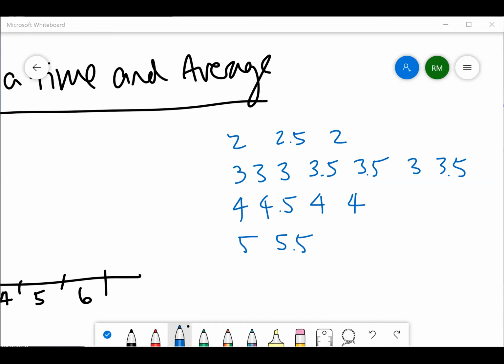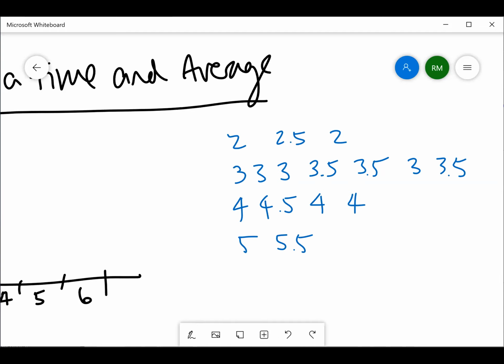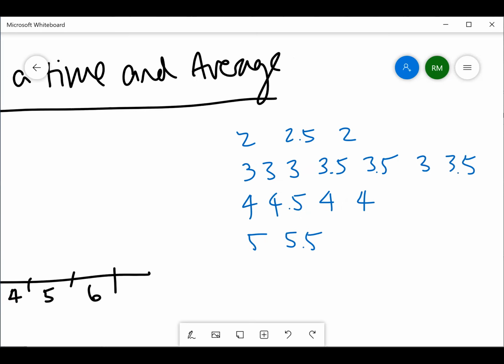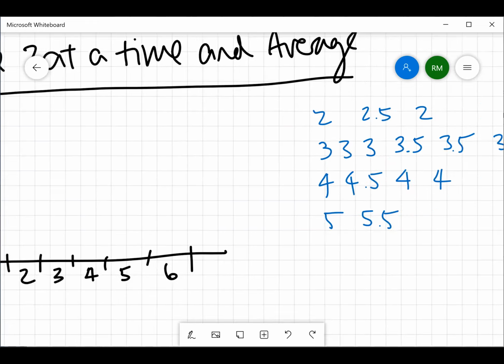All right, so what do we have here? We have all 16 of these rolls, and we're going to plot them on the histogram. So we see that we have 2 that have leading digit 2. We have 1, 2, 3, 4, 5, 6, 7 that have leading digit 3, 4 that have leading digit 4, and 2 that have leading digit 5.